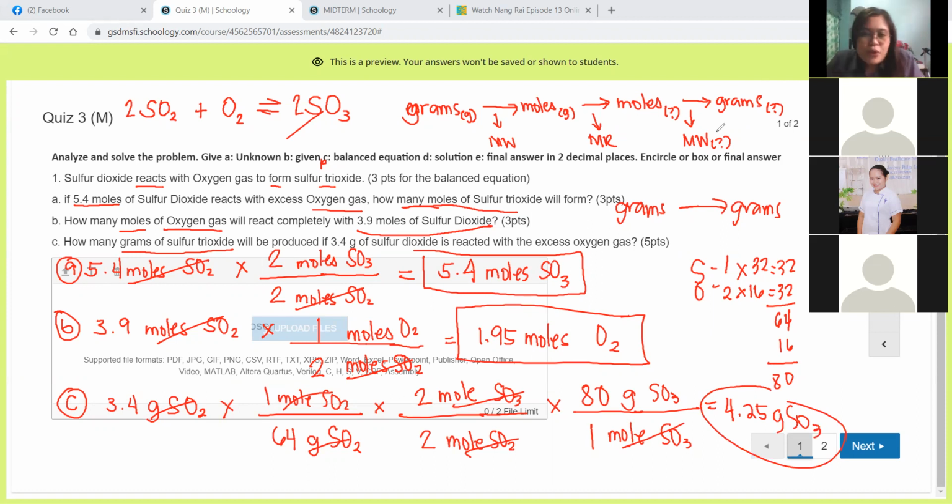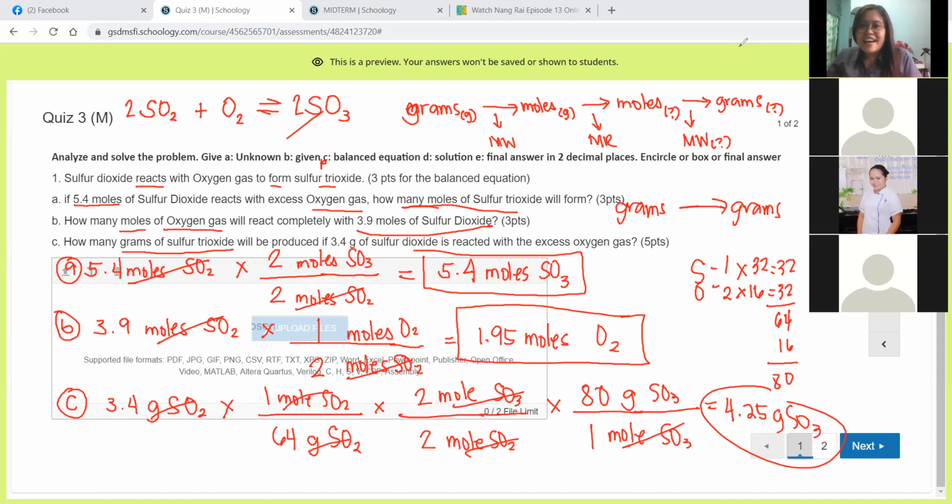So, that is how much sulfur trioxide will be produced if you have 3.4 grams of sulfur dioxide reacting with the excess oxygen. Why is yours 81? You did not round off. The instruction is to use the whole number atomic weight.